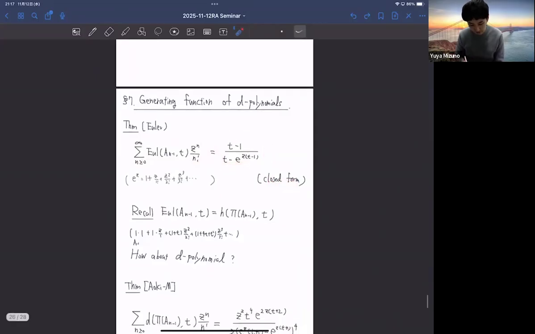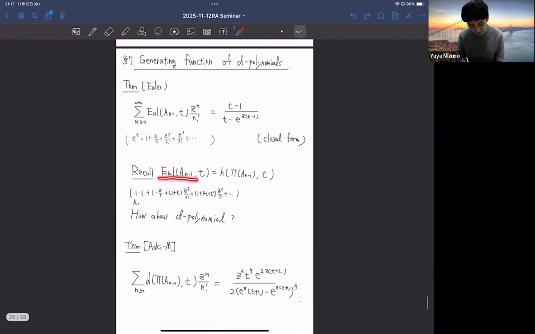And because this Eulerian polynomial is interpreted as an H polynomial, it's natural to ask about the case of D polynomials. And surprisingly, it also has a beautiful closed form.